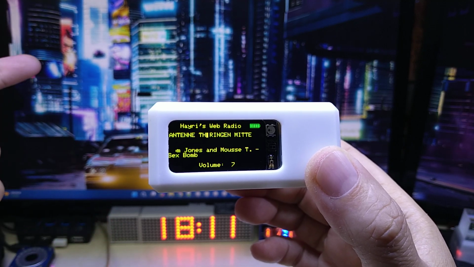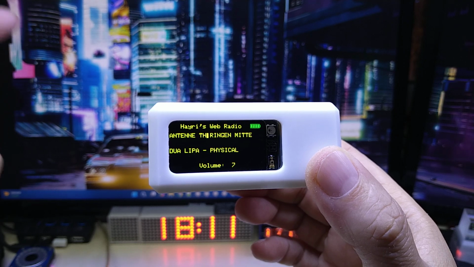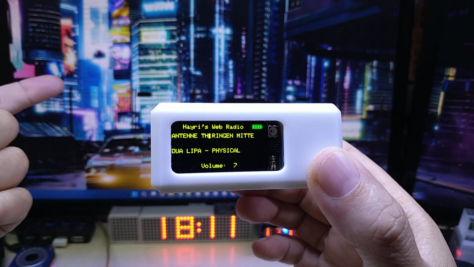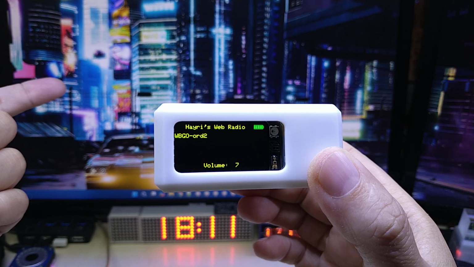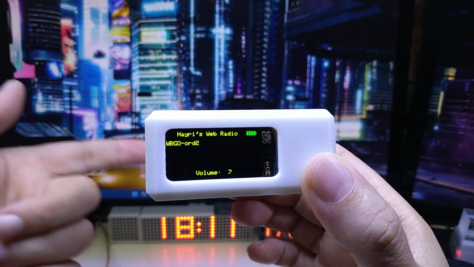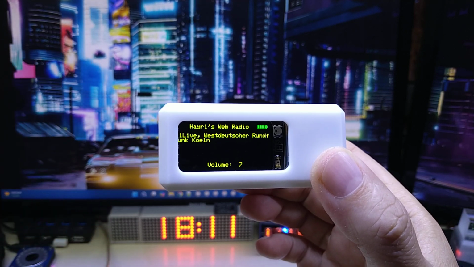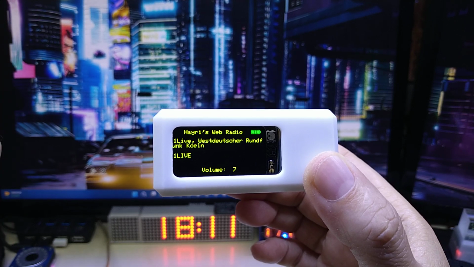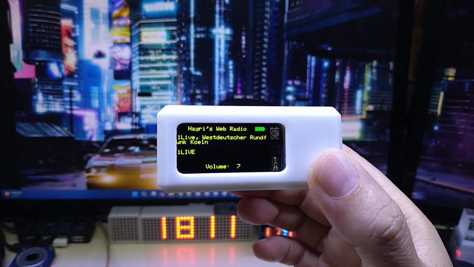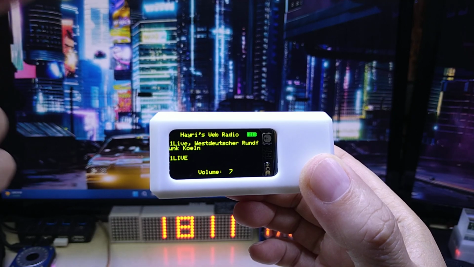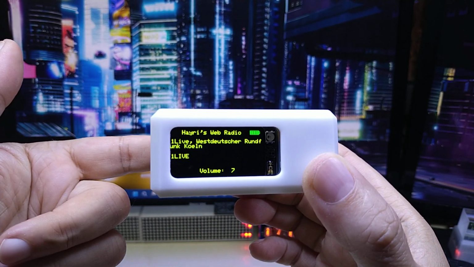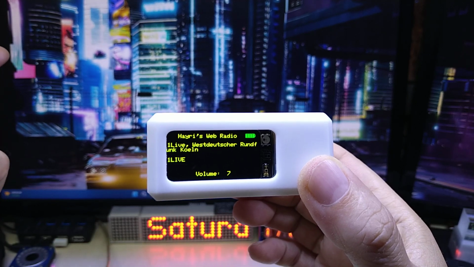Some are faster, some are slower to update, but that depends on the radio station, of course, and also the quality of the sound. Some are MP4s, some are different streams or even different bandwidth, so you just have to find what you like.